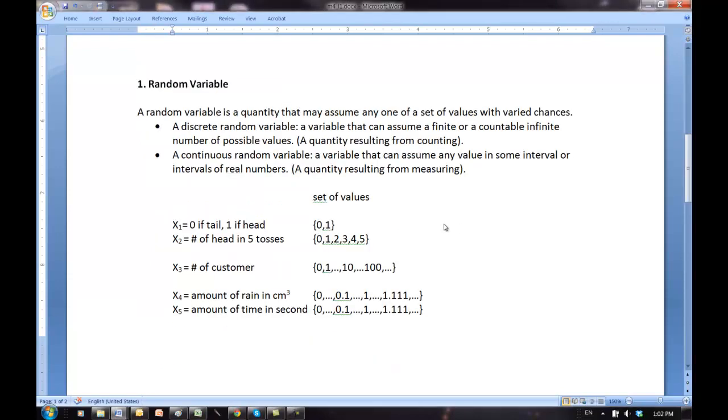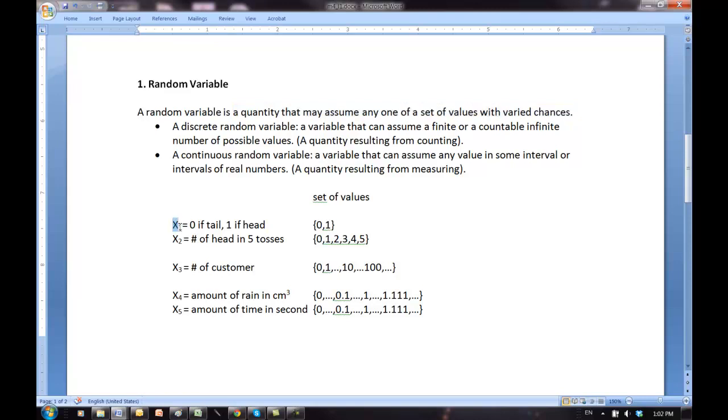Now let's define random variable. A random variable is a quantity that may assume any one of a set of values with varied chances. Now let's define one variable for each of the above mentioned 5 phenomena.